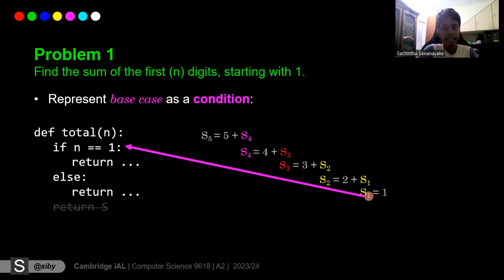We say if n is equal to 1, and we don't really worry about anything right now, but we just say return. Now, we'll see why we do return here soon, but for the moment, we'll just stick to the flow. If n is equal to 1, we'll do something. Otherwise, we'll do something else. So this is our base case when our recursive program should stop.